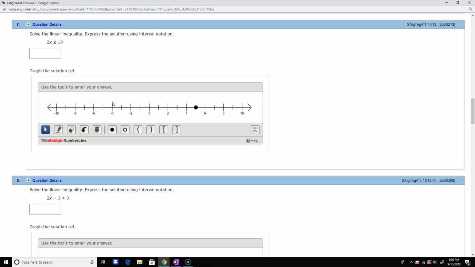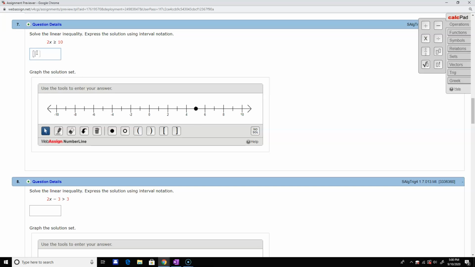On here, our solution set would be a square bracket with a 5, and then we would want to go up to infinity. So we find the infinity probably under symbols, and there it is, 5 to infinity.